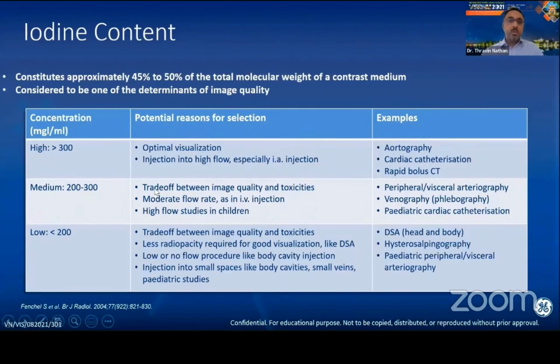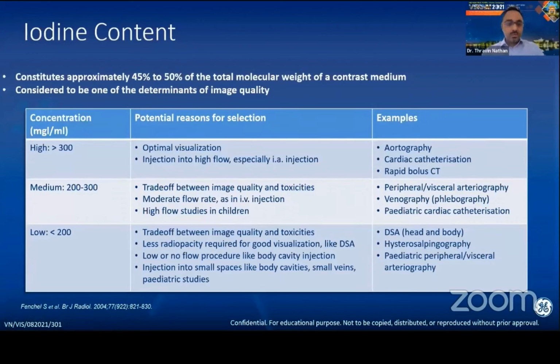The lower concentrations, 300 and below, would typically mean that you are having some sort of a trade-off in image quality and also considering the outcome for the patient, as well as the type of procedure that you're trying to actually carry out. So let's take a look at what we have available, which is iohexol.